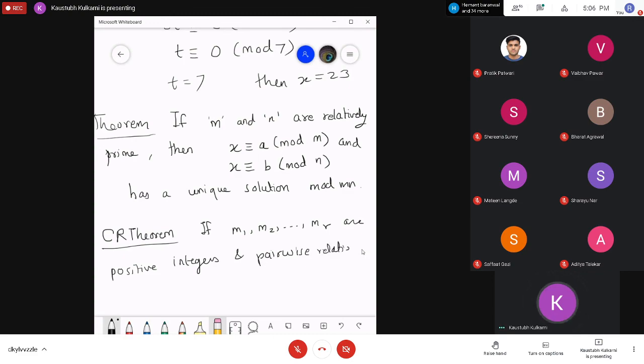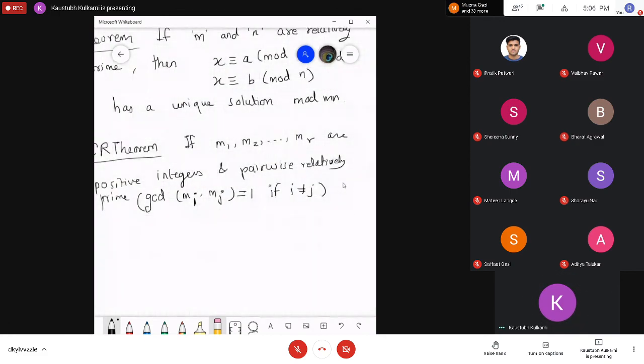What do we mean by pairwise relatively prime? GCD of Mi, Mj is equal to 1 if i is not equal to j. So if you pick any pair of integers from this, they will be relatively prime.